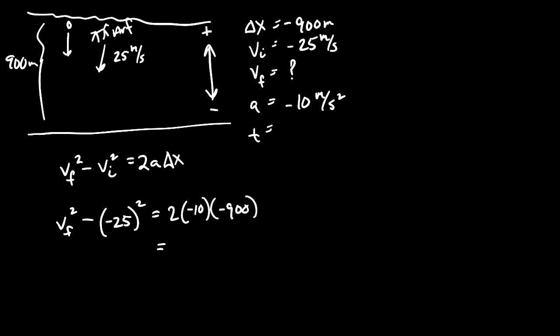The right side looks to be 18,000. And the left side, 25 squared is 625, and I'm going to add it to both sides. So let's cut to the chase: VF squared is going to be 18,625. Now this has to be a positive number because you can't take the root of a negative number.